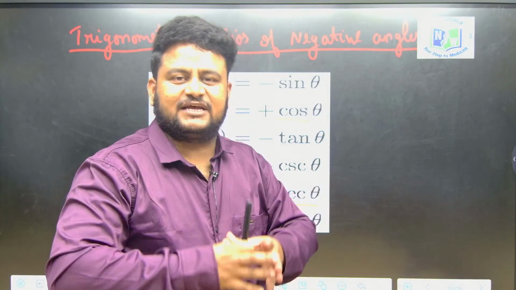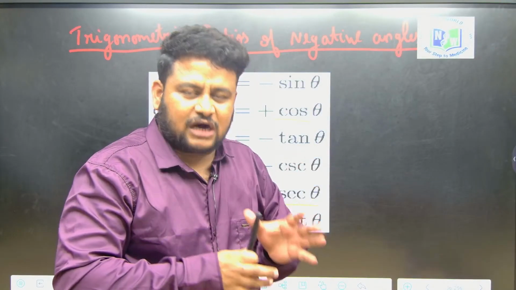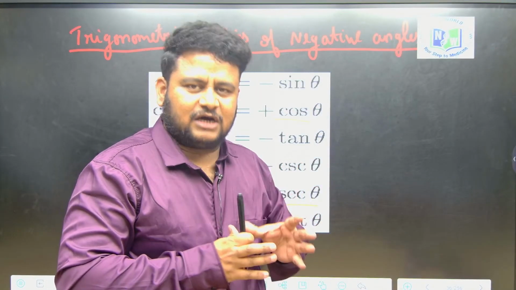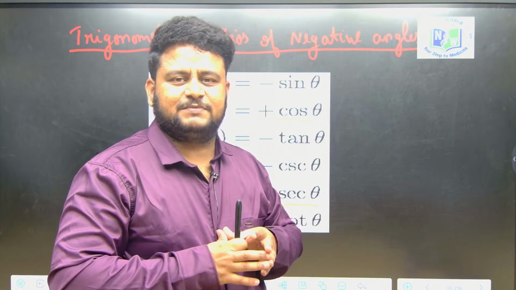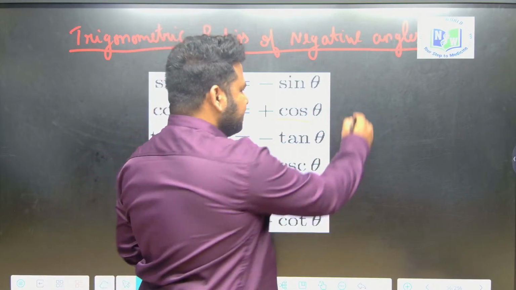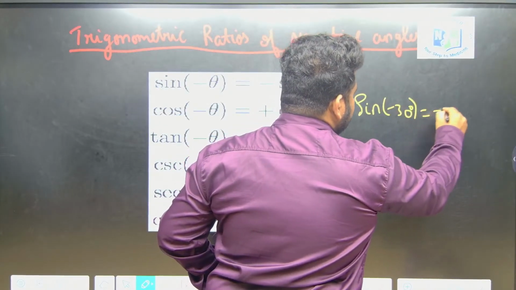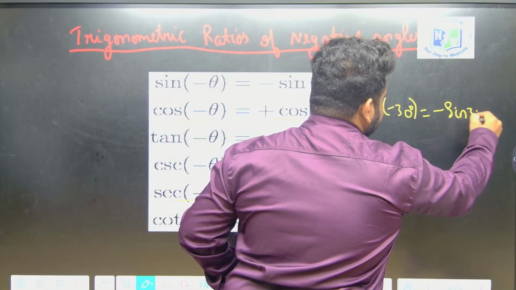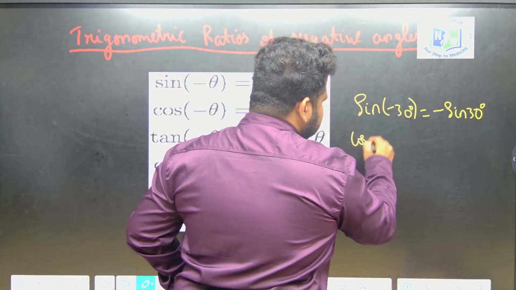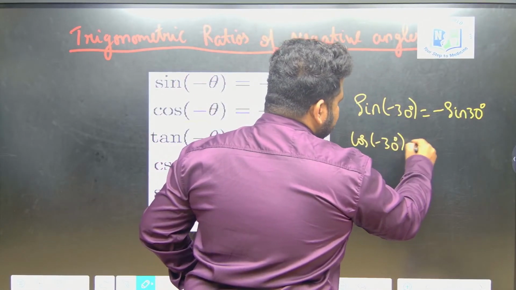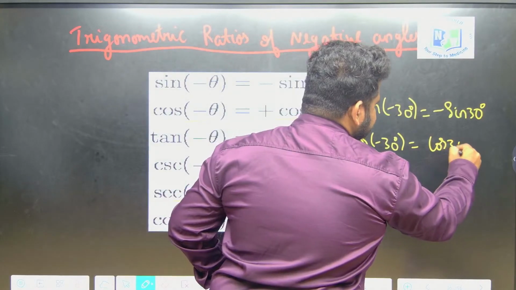They are observing the negativity. So cos of minus 30 becomes cos 30, and secant of minus 30 becomes secant 30. If I take an example, sine of minus 30 degree becomes minus sine 30 degree, and cos of minus 30 degree becomes cos 30 degree, observing the negativity.